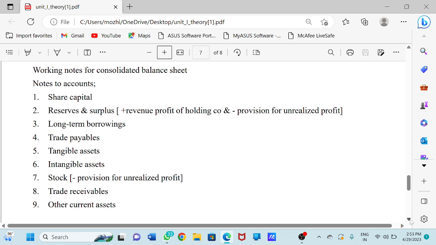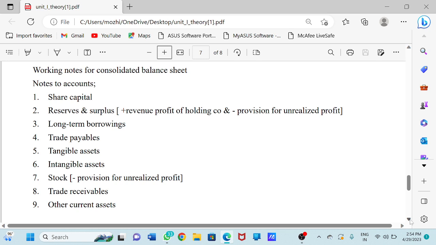Before moving to solving the problems, we need to have the notes to accounts, and it consists of 9 different schedules. So schedule 1 is about the share capital, which we have in the question transaction itself. And when it comes to notes to accounts, all the details related to holding companies alone we need to take, not related to the subsidiary. And sometimes we'll take both subsidiary as well as holding based on the items.